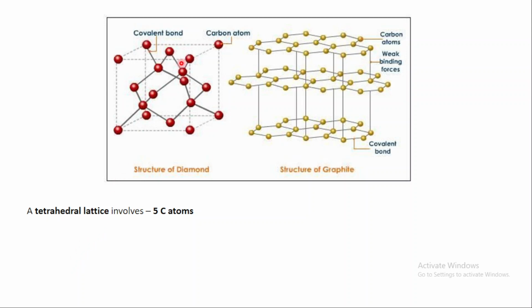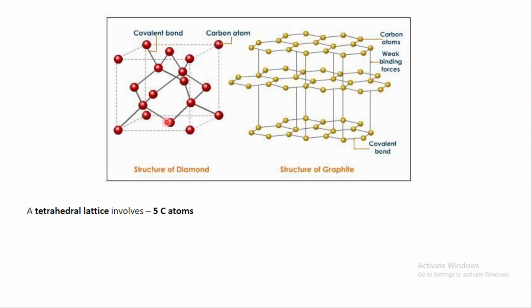So each vertex, this atom, and this atom, and this atom. All these are the bases, four vertices of the pyramid, and these are in the 3D structure. These are pointing to the apex of the pyramid, and just directly below it, there is another center atom.